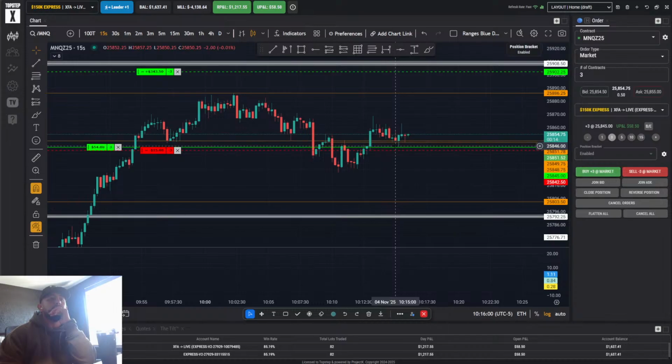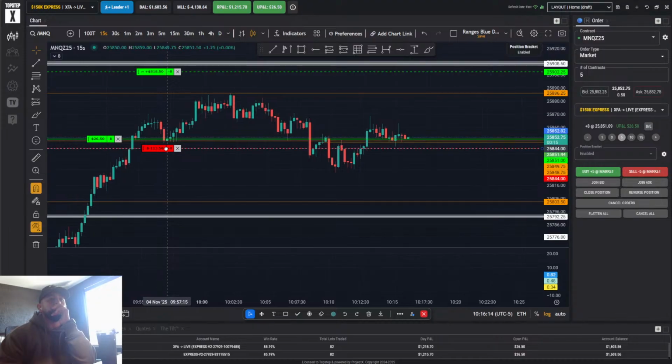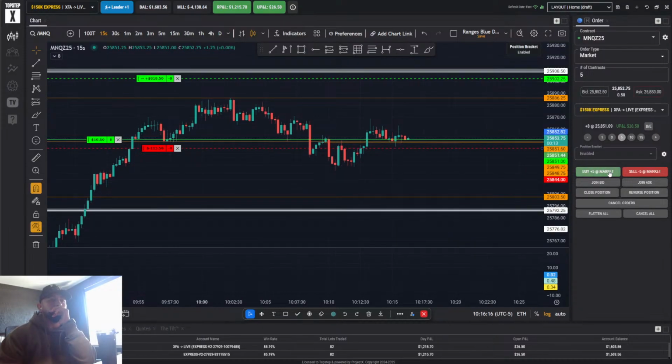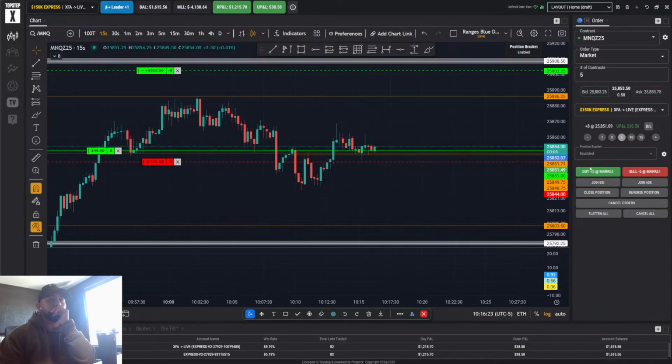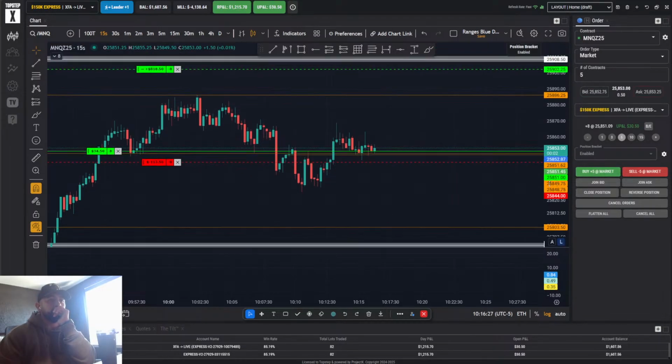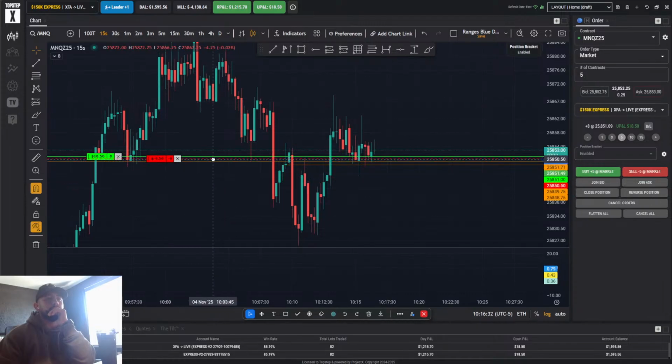Do like that low here, that 45. Should stay, if we were to go higher. Order filled. If we break these highs here, I would go to break even and let it work out.